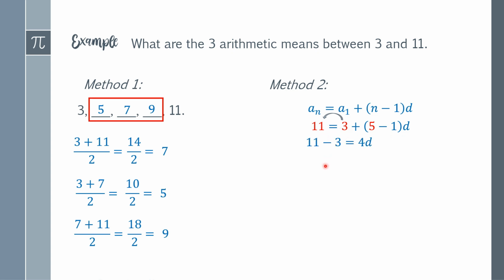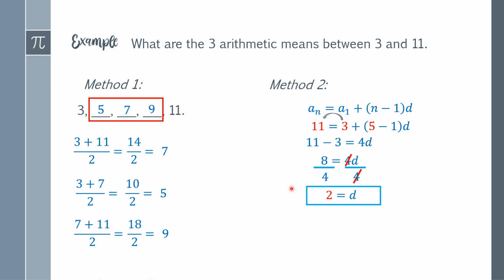So we will have 11 minus 3 equals 5 minus 1 is 4 and then bring down the d. Next, simplify, 11 minus 3 is 8 equals 4d. So to find the value of letter d, we need to divide both sides by 4. So 4 is cancelled out now. And what is left is d equals 2. And that is our common difference.